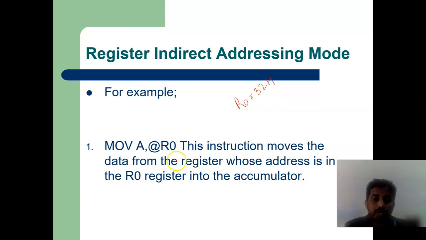So here, MOV A, @R0. When you are using indirect addressing mode, you need to use the special character @. So @R0 specifies that the value in R0 is the memory location. It will take the value from there and store it. This type of addressing mode is called register indirect.